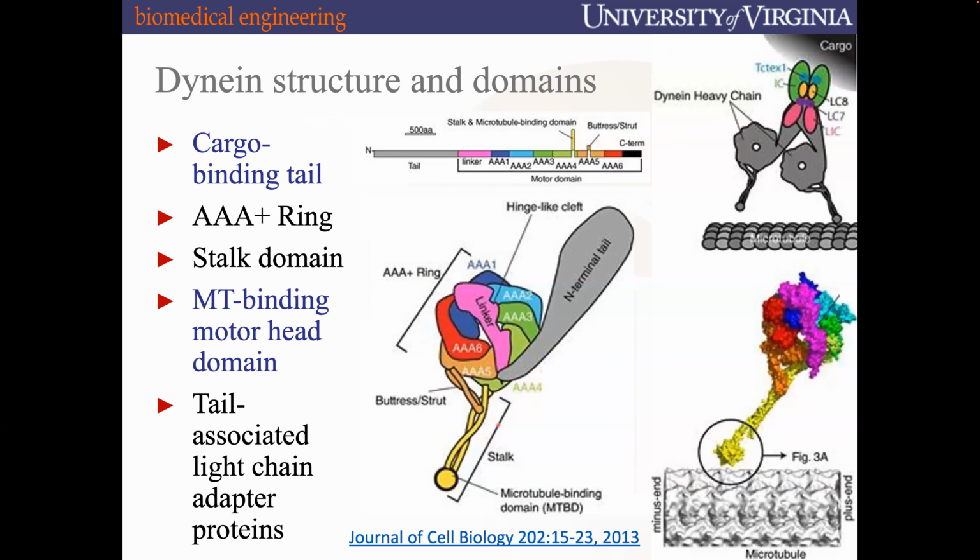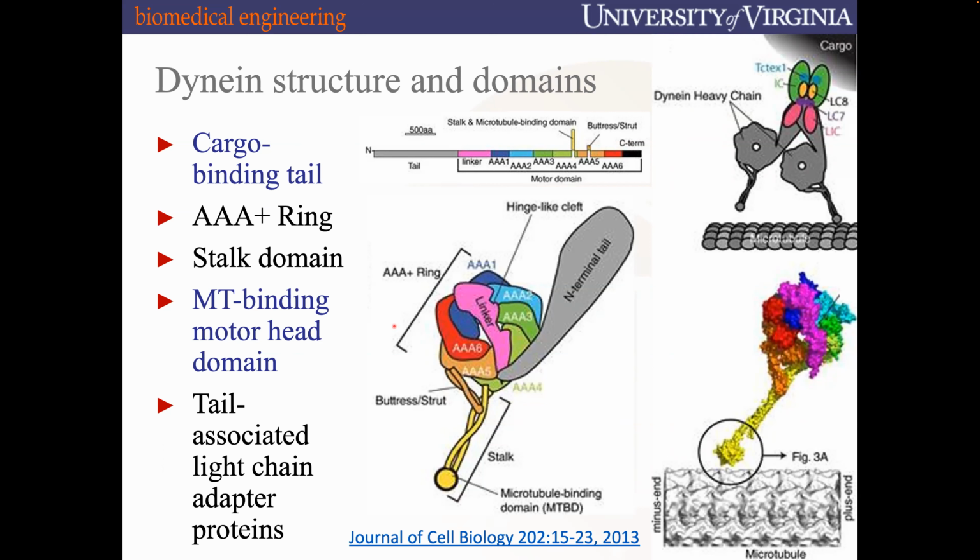Okay, so a little bit about the structure of these molecular motors. There's the cargo binding tail that we mentioned. And so that's this part. In this example, it's the N-terminus of this protein. And then there's this multi-domain AAA ring, and this helps facilitate some of the movement of this protein. So it allows it to bend and change conformation.